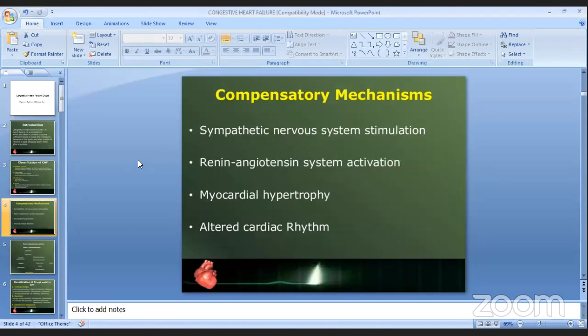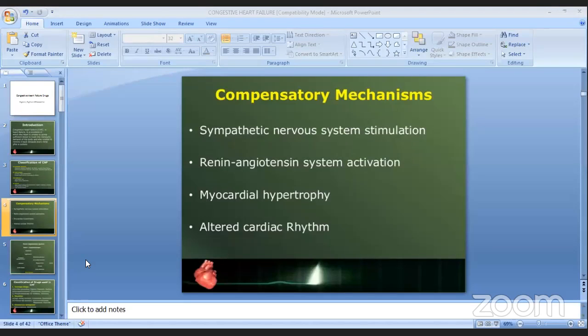When cardiac rhythm is altered, already I have discussed anti-arrhythmic drugs. Some of the anti-arrhythmic drugs are also used for this purpose when there is congestive heart failure.